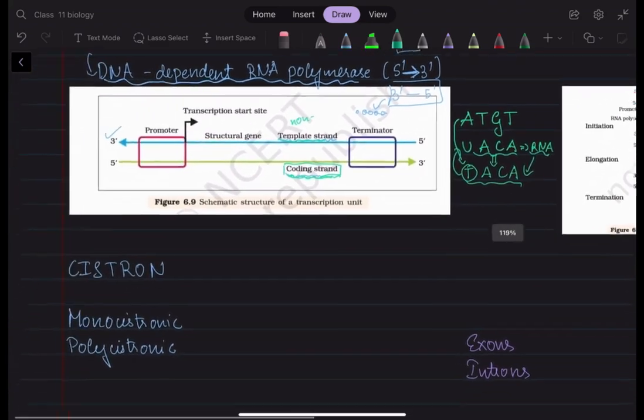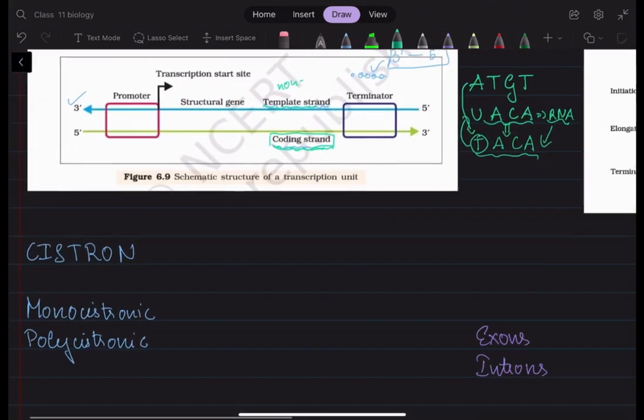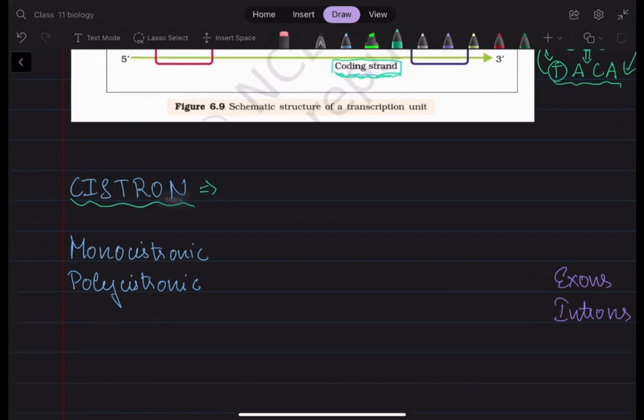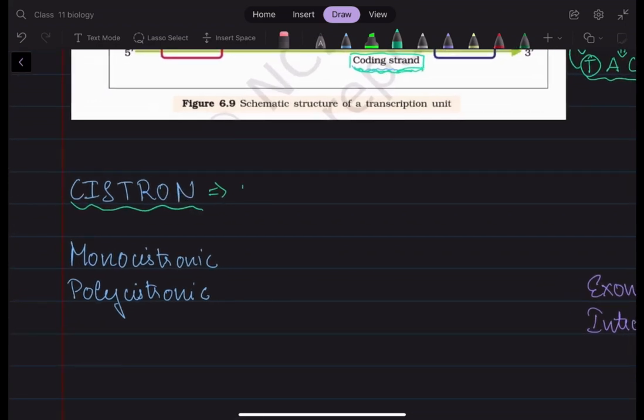Before going to the actual process of transcription in prokaryotes, let us learn a few terms. First of all, what is a cistron? We know that a gene is any DNA sequence that codes for biomolecules, either nucleic acids like RNA, or even proteins, right? But a cistron in particular is the DNA sequence that only and only codes for proteins, or you can say polypeptides.